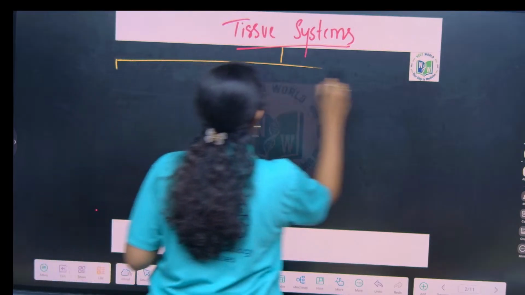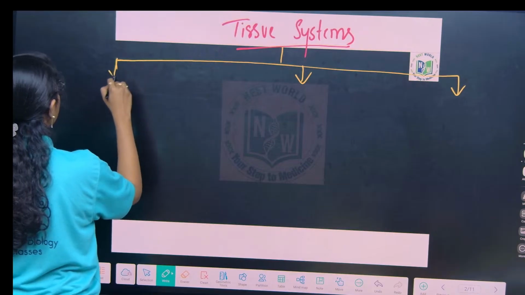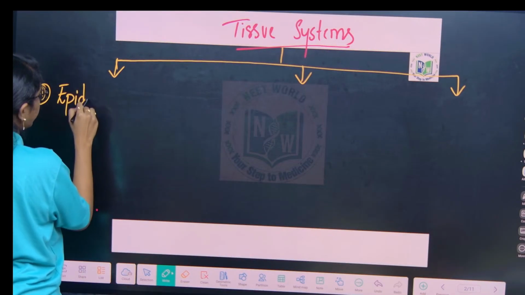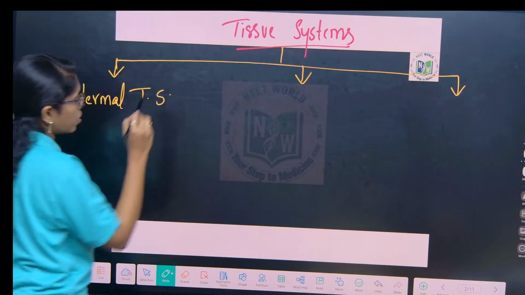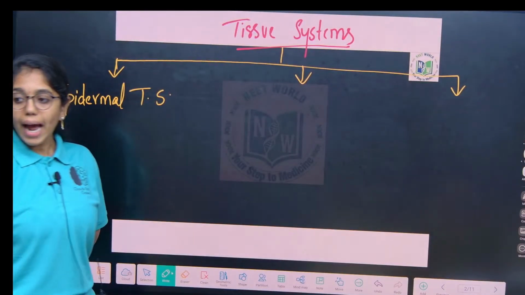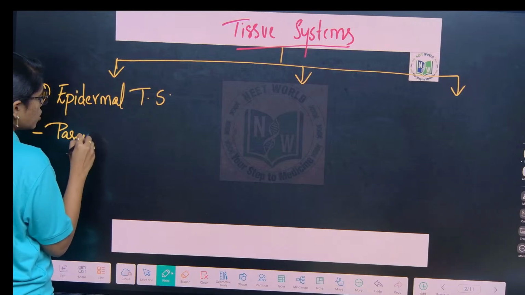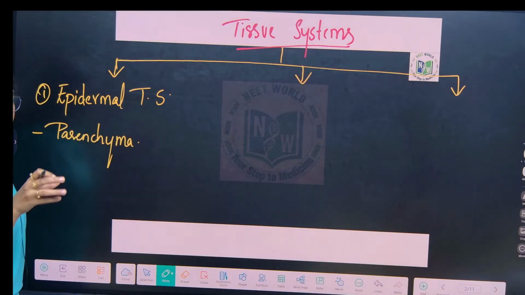First is epidermal tissue system. Epidermal tissue system is usually single layered and it is made up of parenchymatous tissue. It is made up of parenchyma and it will be mostly single layered.